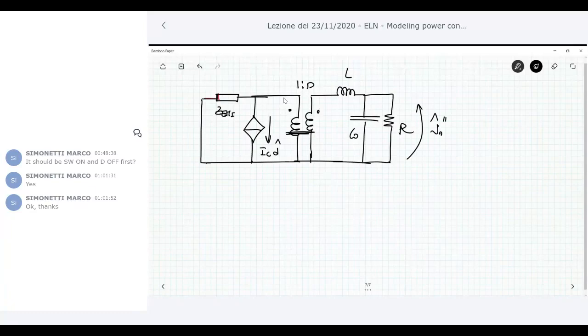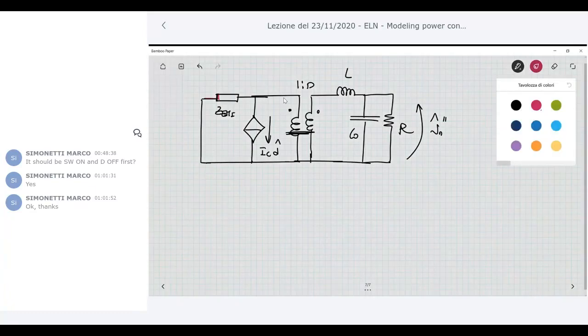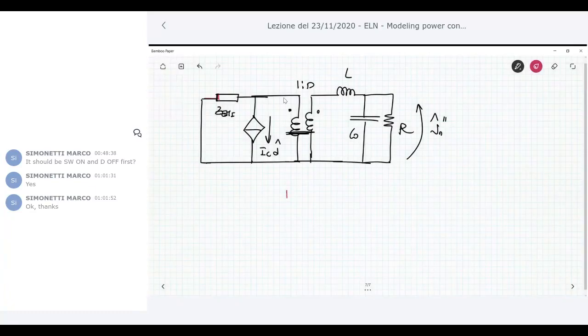So what happens here? Now the same consideration can be done here. What happens if D hat is increasing? If you look at the circuit, it means that the current impressed by this current source is increasing. If I increase this current, I derive a much higher current from the primary.